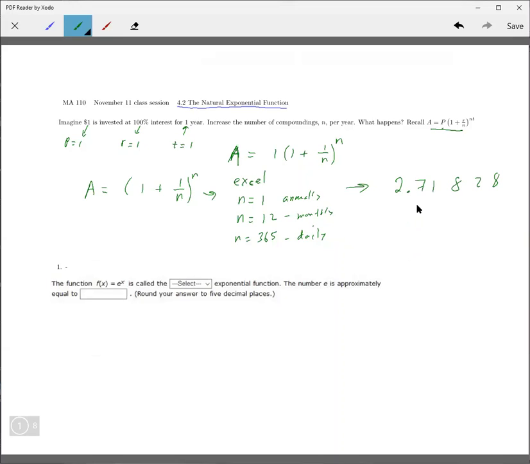This number can go out many places, and if you have very good computing, you can calculate it out to lots of decimal places. This is to 5 decimal places. And this limiting value is known as the number e.